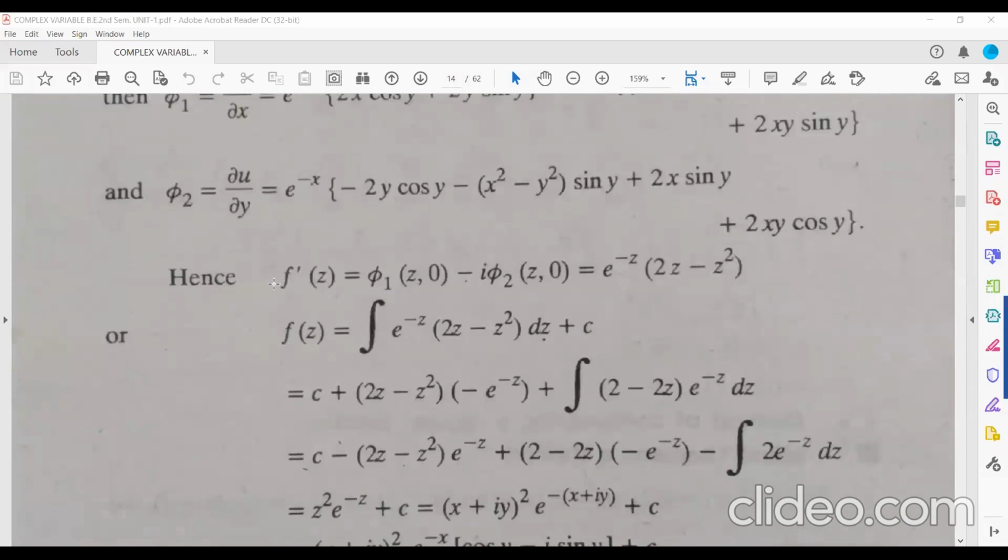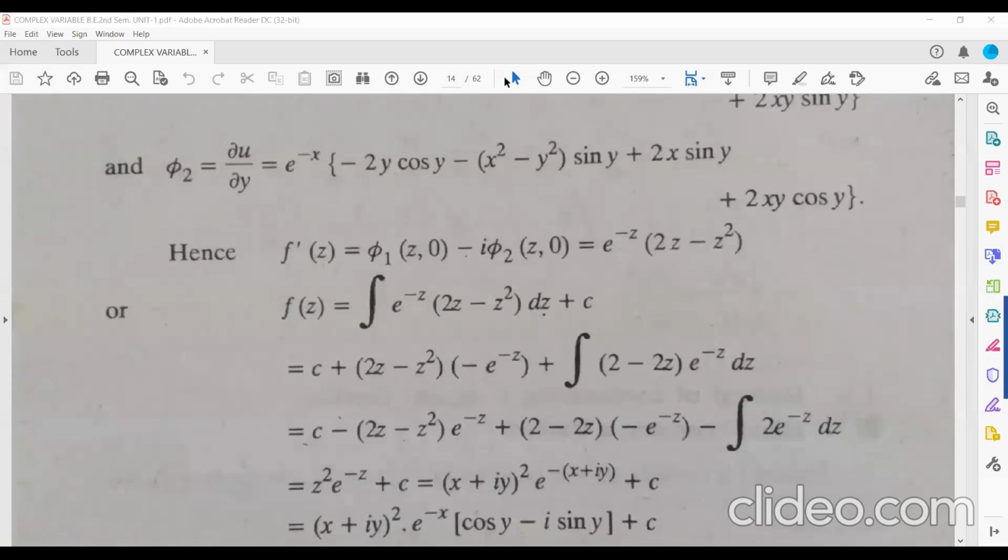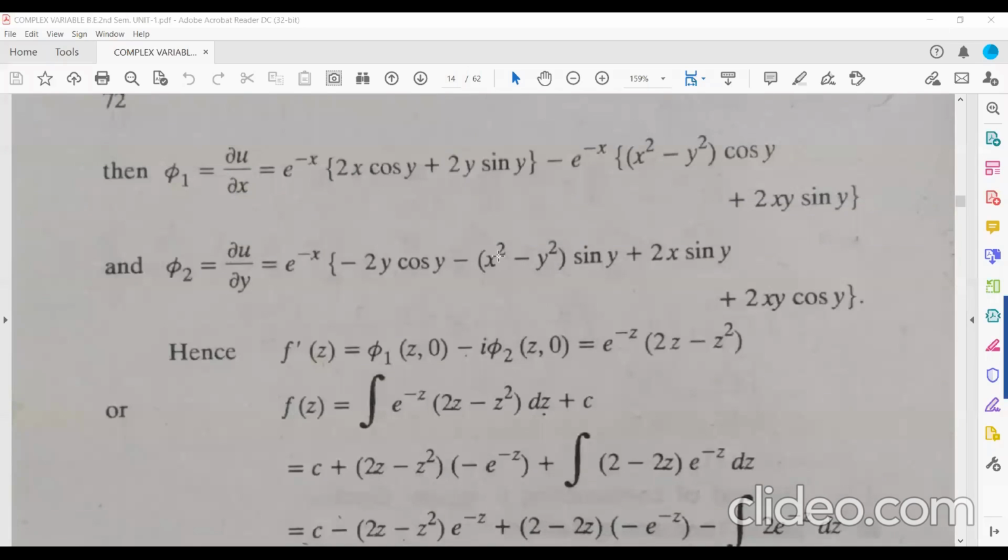Now see, the formula f dash z equal to what? f dash z equal to phi 1 z0 minus i phi 2 z0, is it not? Now, what is phi 1 here? This is your phi 1, phi 1 of xy.